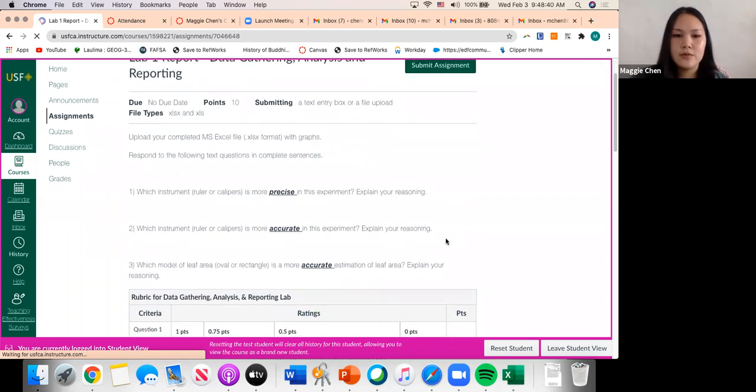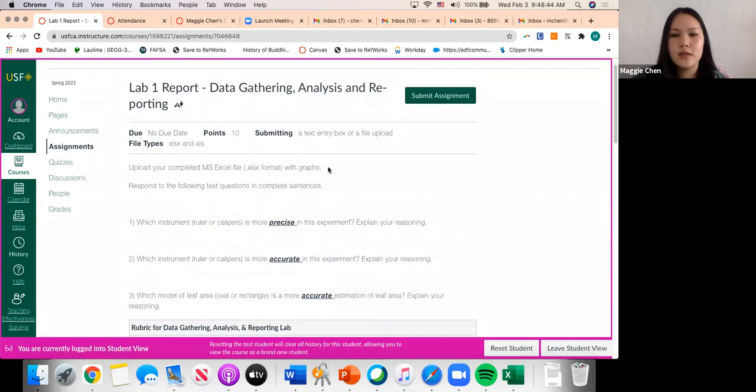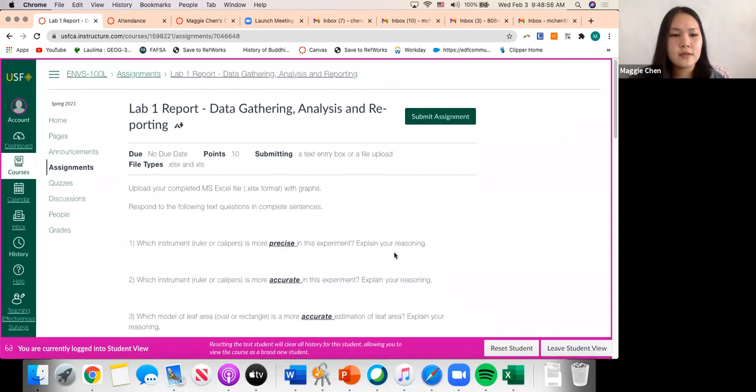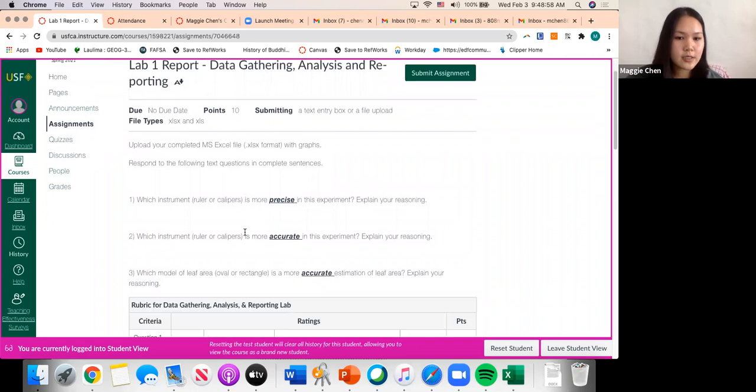And now you would just open a Word doc and answer these 3 questions and then submit your assignment. This isn't due until next week, the start of next week's lab, basically. So you can just finish it now and I'll answer any questions that you have. But this is how you can turn that in. And that is basically it.